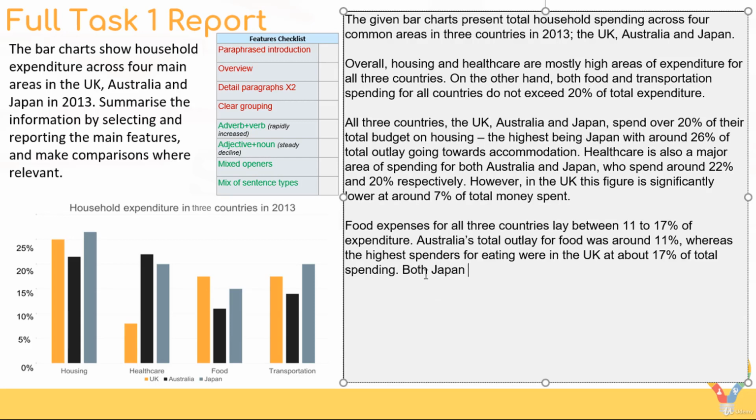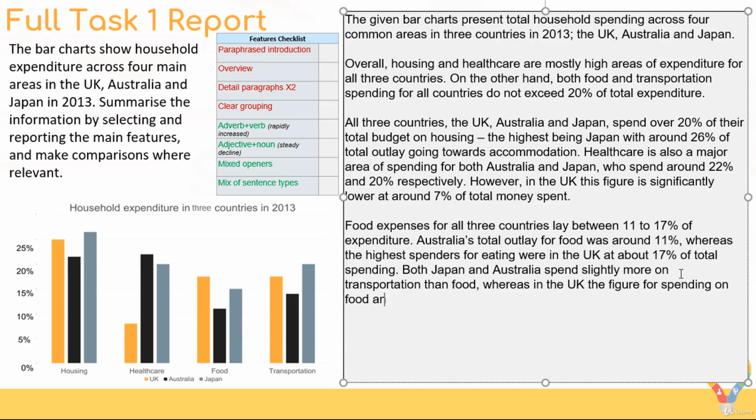Both Japan and Australia spend slightly more, so I've got an adverb, on transportation than food, whereas in the UK, the figure for spending on food and transportation remains the same at around 17%, and I've just noticed a slight spelling mistake there.